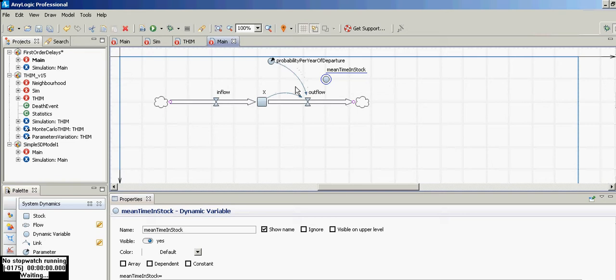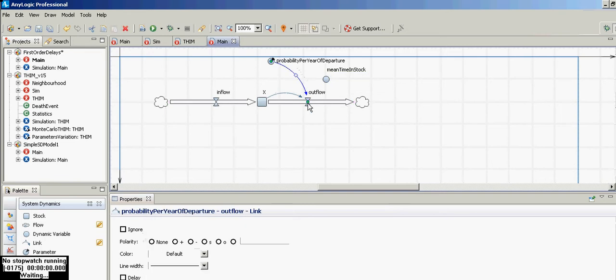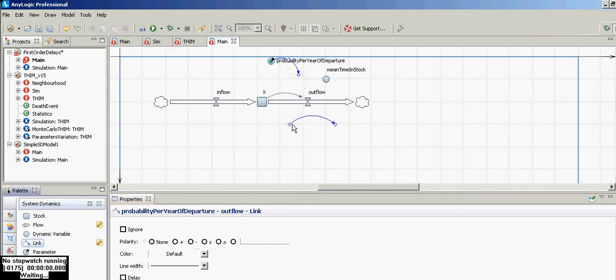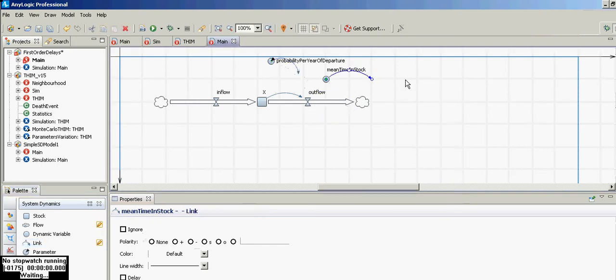Okay, X divided by mean time. Good. X divided by the mean time in stock. Boom. And then, guess what, folks? What is mean time in stock going to depend on?